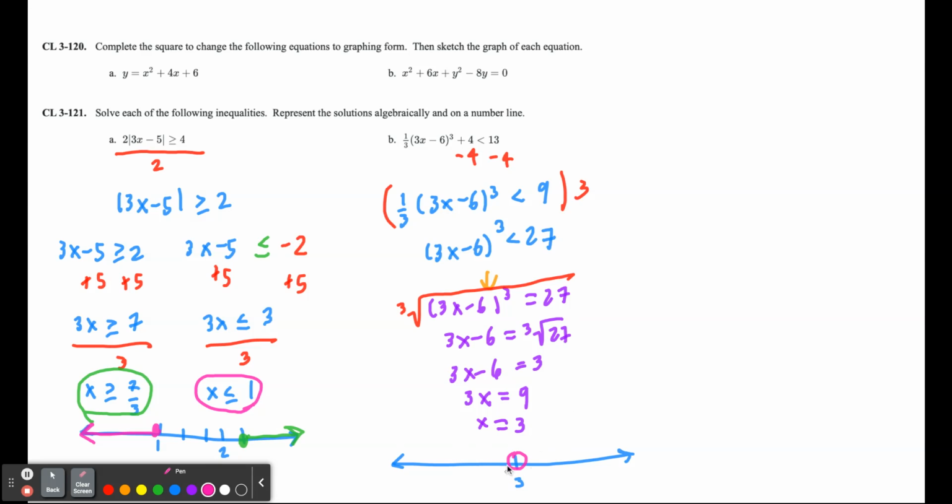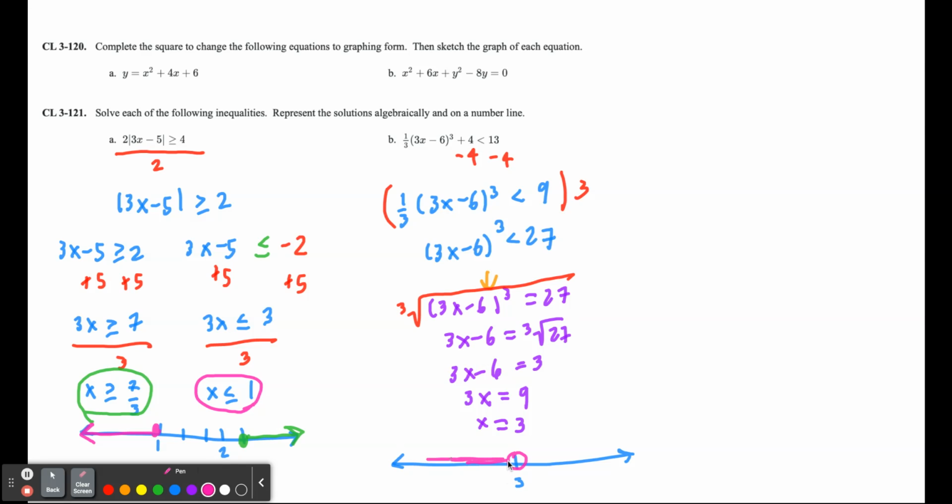And then you just test a point, like test a point 0. We'll just put it in here. So you got 3 times 0, which is 0, minus 6 cubed. So that will be negative 6 cubed, which is negative 216. And that's less than 27, right? So then that's true.